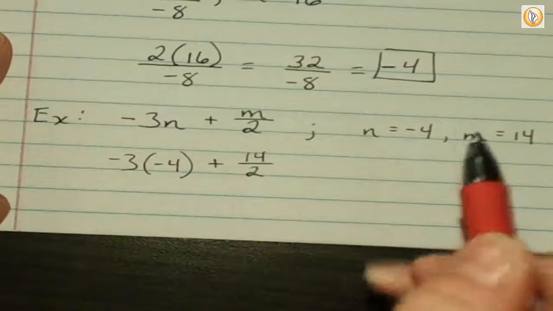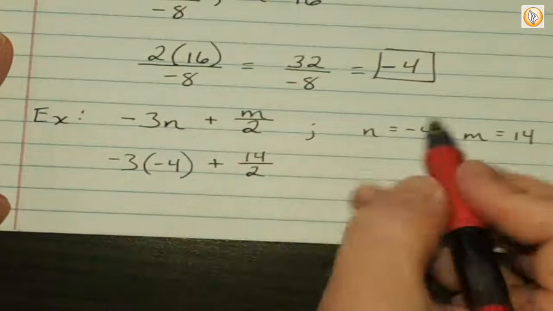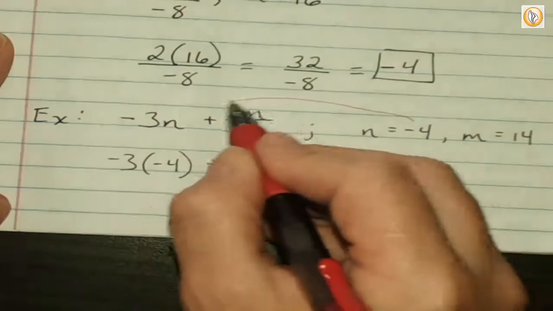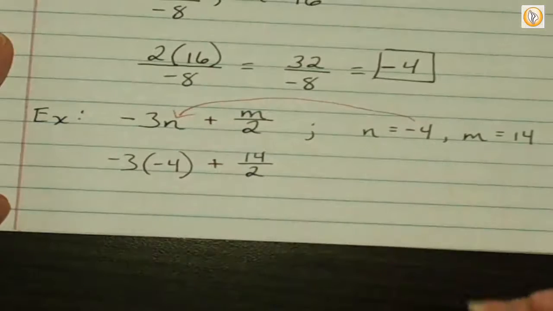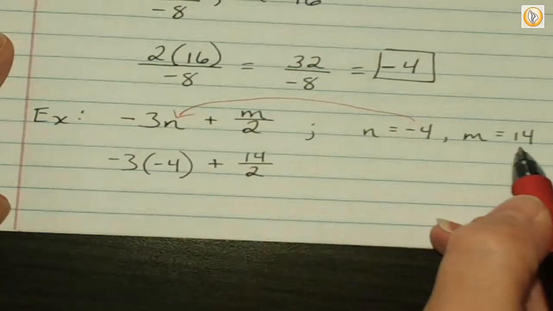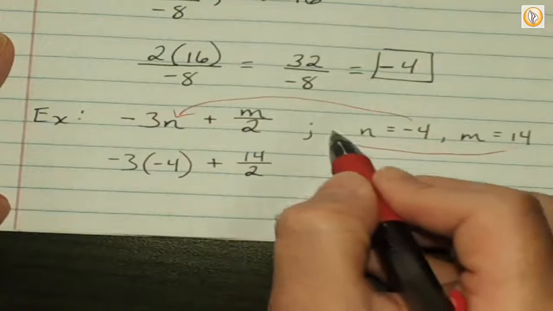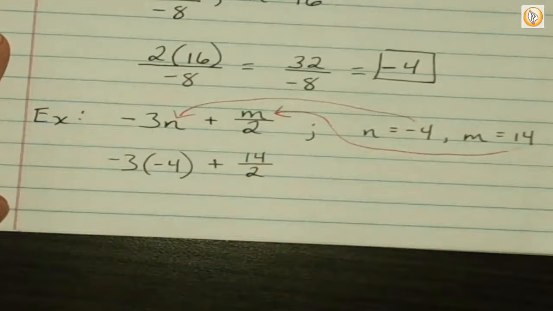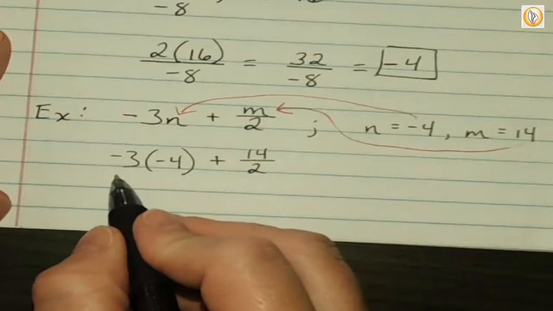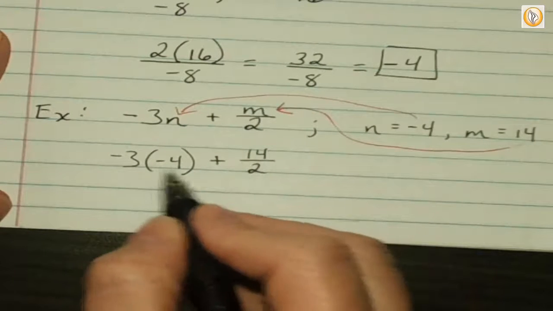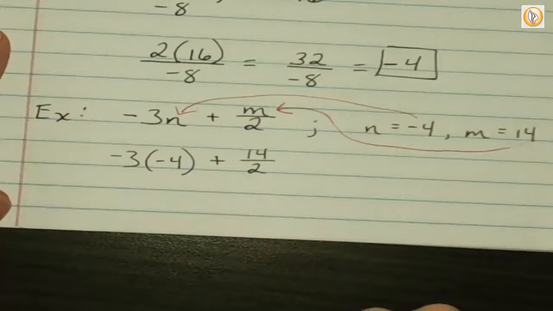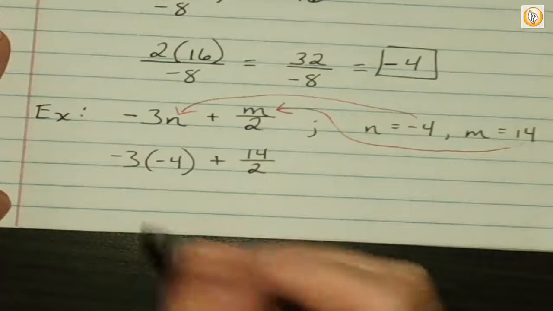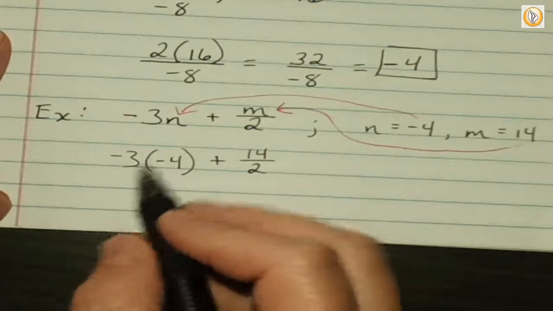Okay, because she replaced the n with the -4 and the m with the 14. All right, so Kelly, do we do the division first or the multiplication first? You do the multiplication. Okay, so we're working left to right.